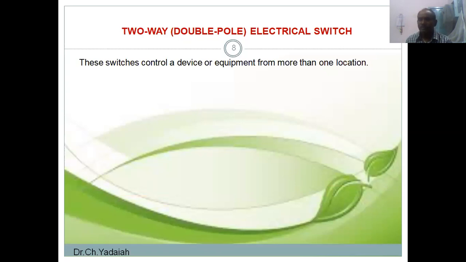In the staircase connection, we use three-terminal two-way switches, two switches connected, and in the middle one load is connected. One switch is at the bottom of the stairs and another switch upstairs, two locations, and we control only a single load with the help of two-way switches.